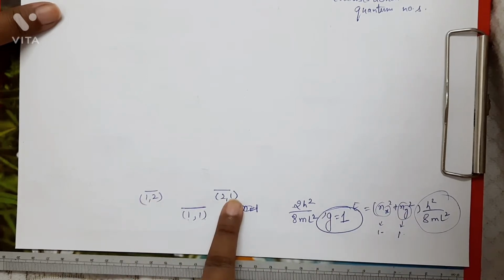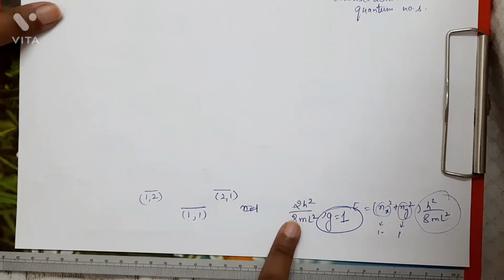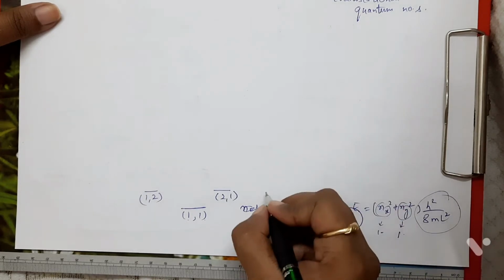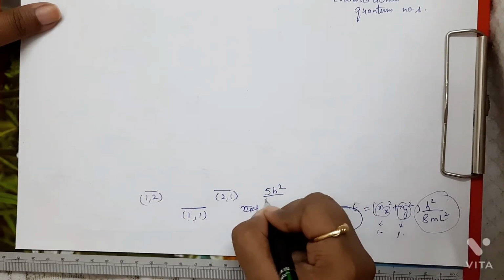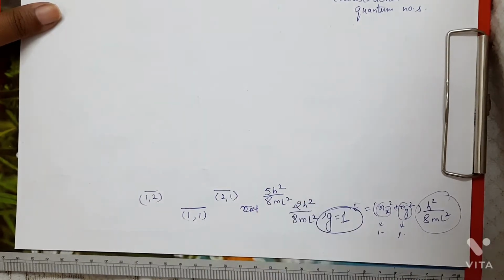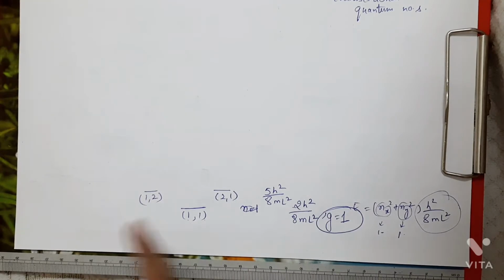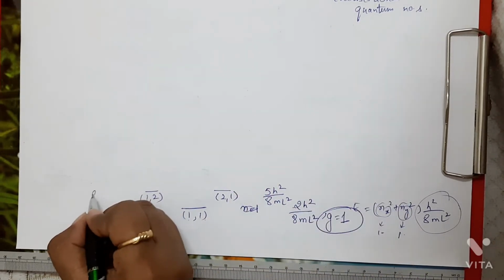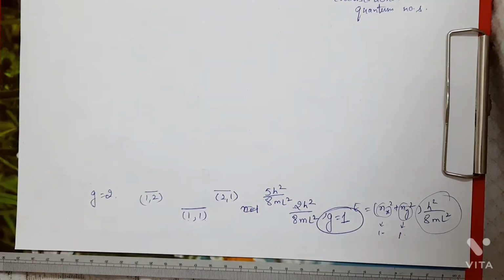In both of these cases, we get the energy as 5h square by 8 m l square. This is the second energy level. Here the degeneracy will be equal to 2.